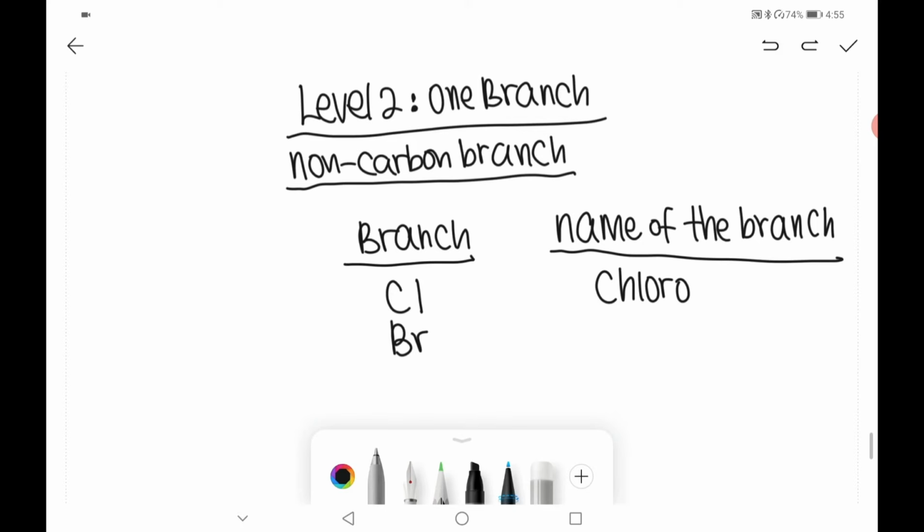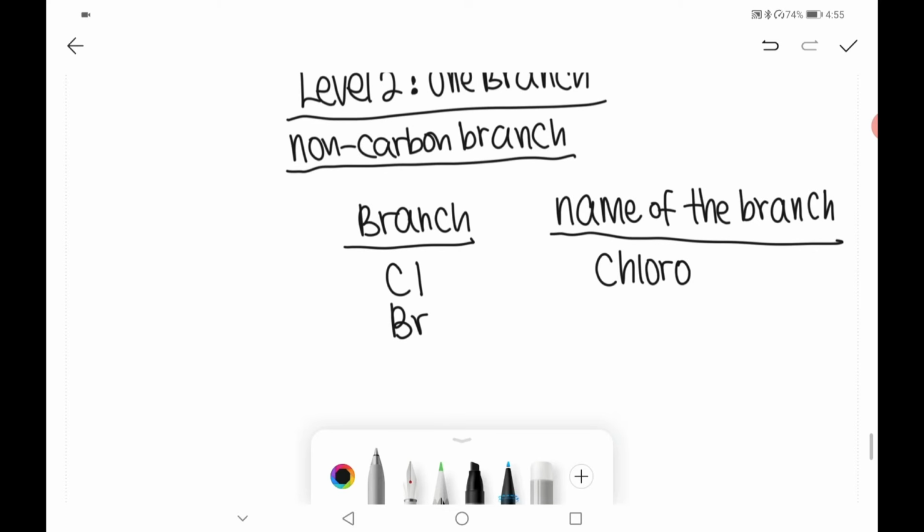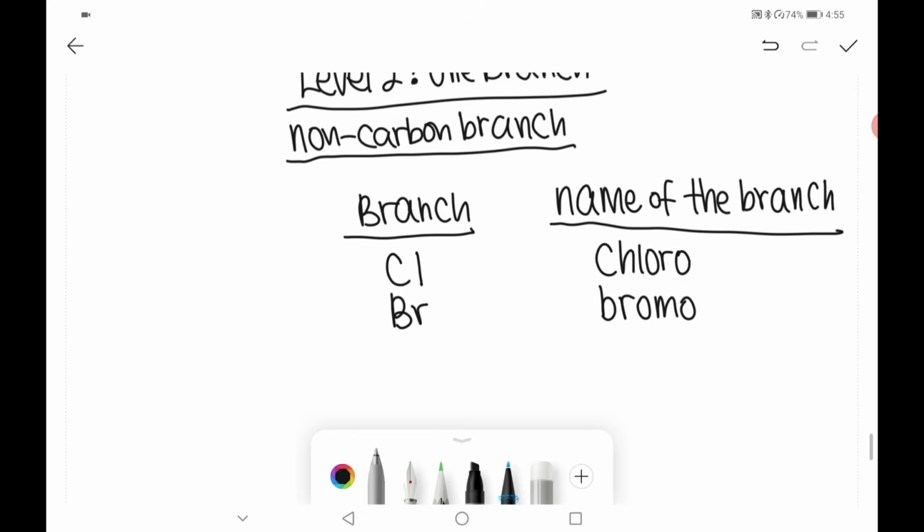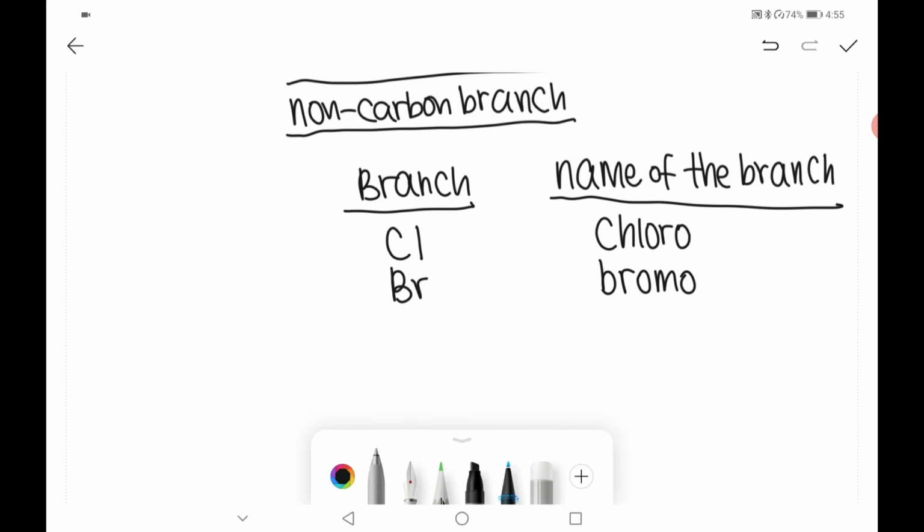If you have bromine as a branch, you will call it bromo, B-R-O-M-O. Very unlikely they will give you iodine as a branch, but if they do, you call it iodo.